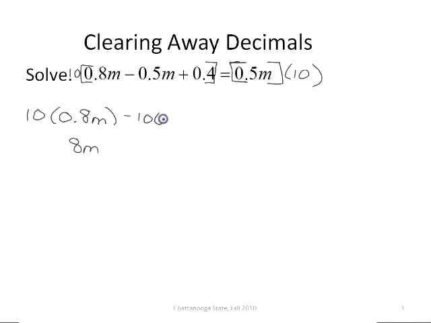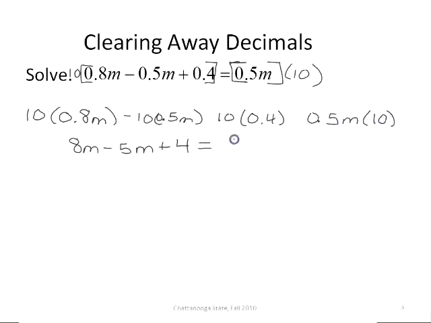Then I'll multiply the 10 times the 0.5m. So that'll give me minus 5m. Then I'll multiply my 10 times my 0.4. So that'll give me plus 4. Then on the other side, my 0.5m times 10 will give me 5m.